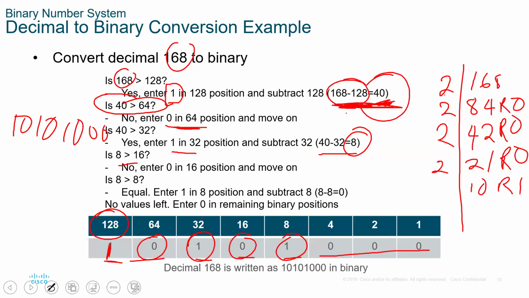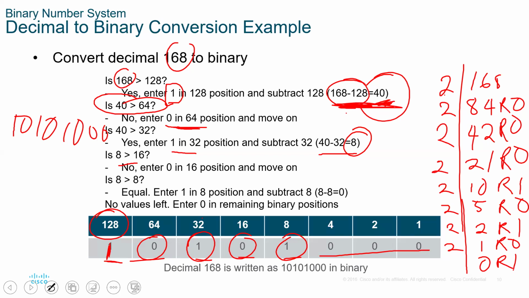Remainder 1. 2 into 10 is 5. Remainder 0. 2 into 5 is 2. Remainder 1. 2 into 2 is 1. Remainder 0. And then 2 into 1, 0. Remainder 1. That's another method.